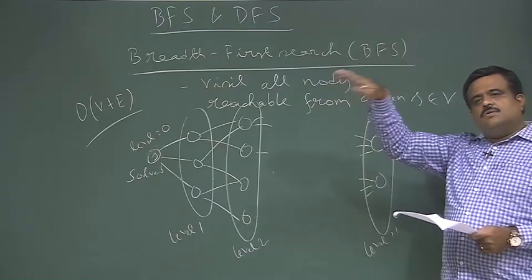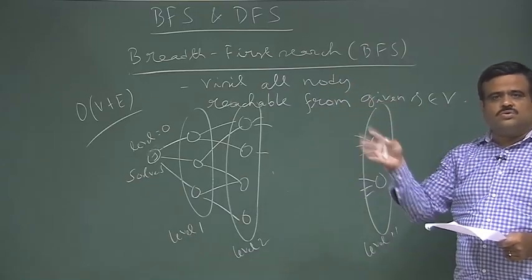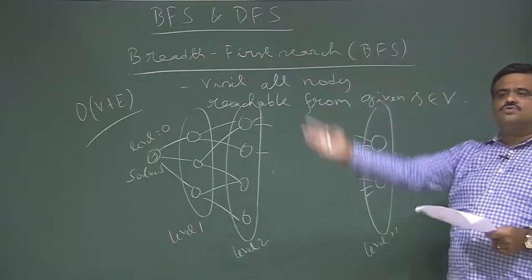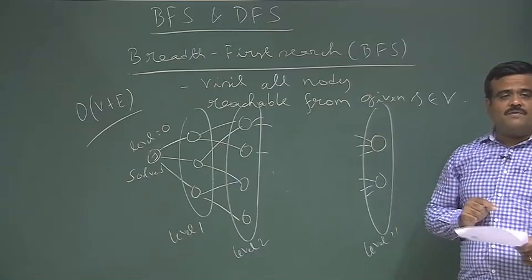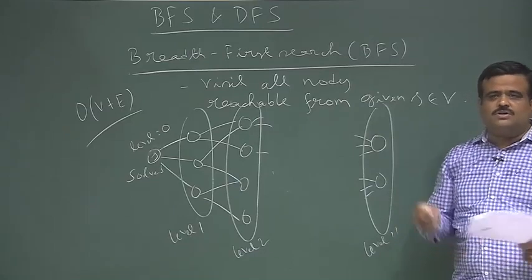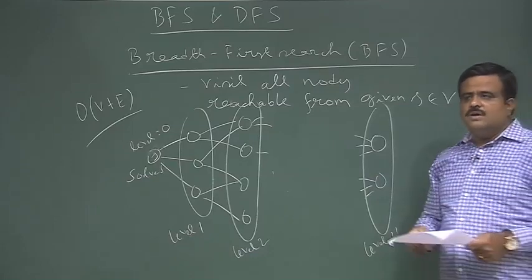Then when we capture all the vertices in level 1, we go for level 2, those adjacent to vertices in level 1. Like this, but we need to be careful to avoid repetition. We have to avoid duplicates: a vertex which is already marked should not be marked again.